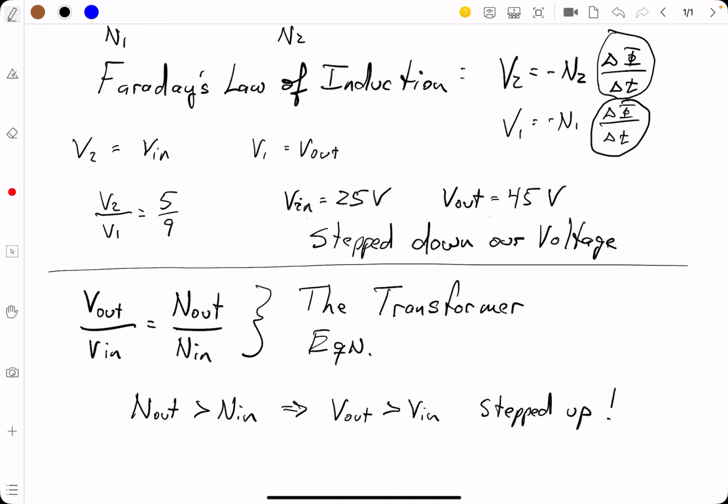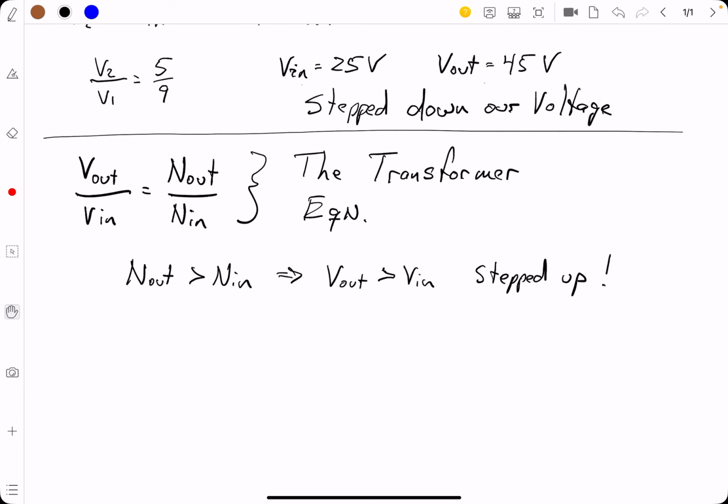Okay? And we can do the same thing. We can turn it around and say that N out is less than N in. V out then is less than V in. And we have a step down.